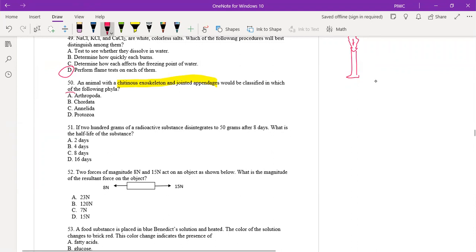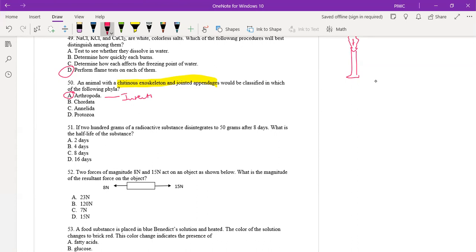Correct, arthropods. Arthro is like joints. That's where arthritis comes from, the root of the word, arthro. Joints. So you have jointed appendages, chitinous exoskeleton. So these are arthropoda. Insects belong to this group.